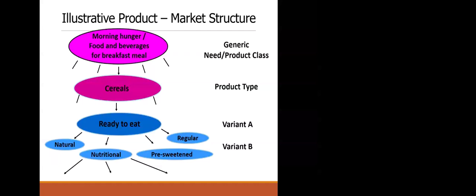So even within these variants, we have direct competitors and indirect competitors, and then up above we have substitutes. So I could choose not to have my Kashi whole grain cereal this morning. I could have eggs and bacon, or I could have Fruit Loops, right? Fruit Loops is a closer trade-off, a closer competitor, but it's more likely that if I'm not going to have Kashi, I'll have Cheerios.